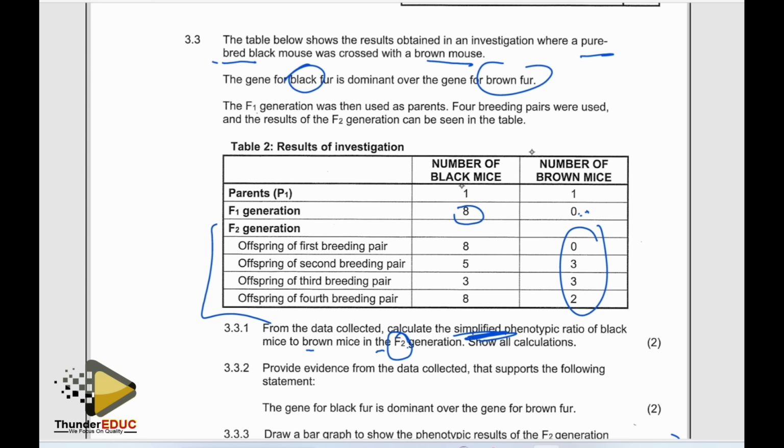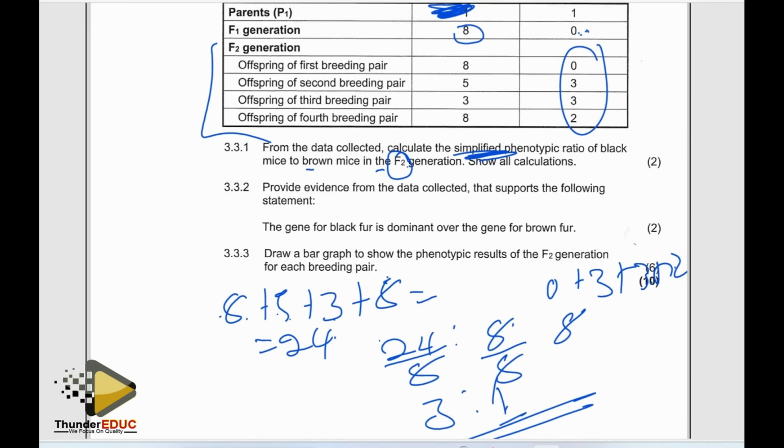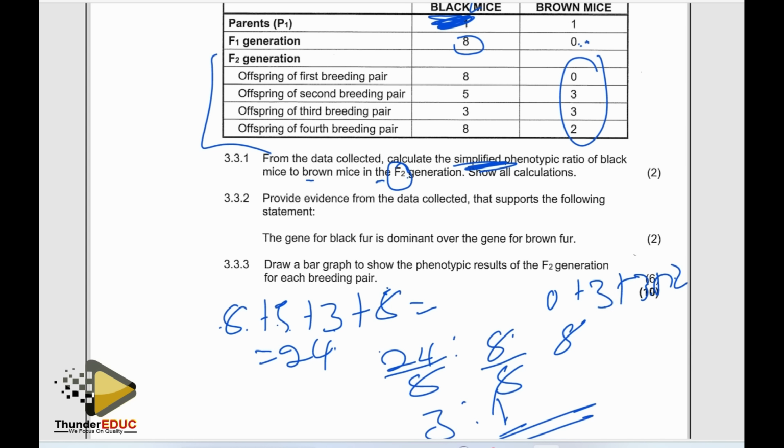But they said pure breed, meaning that black was capital B, brown was small b, small b. So when you cross this with this, you're gonna get capital B, small b, every time. So all of them are black, which means that black is dominant over brown. So in this case, you can say the first generation, all of them were black after crossing the black and the brown. The way you have phrased it, or if you spotted another answer there, is also fine.